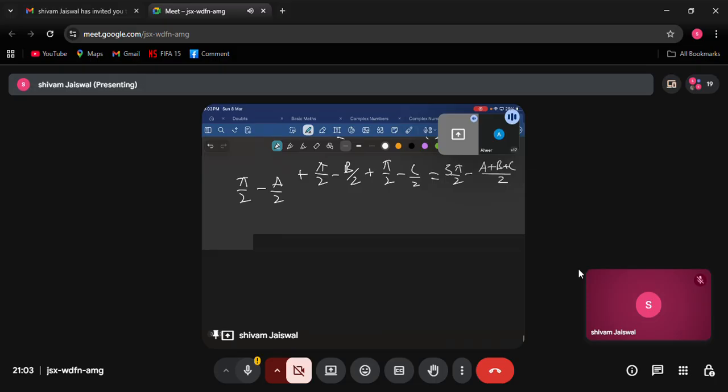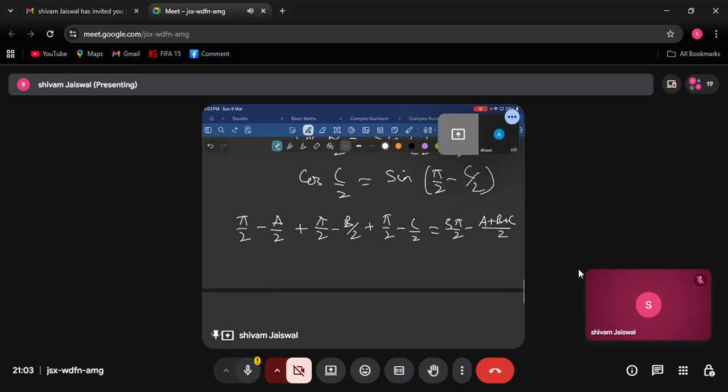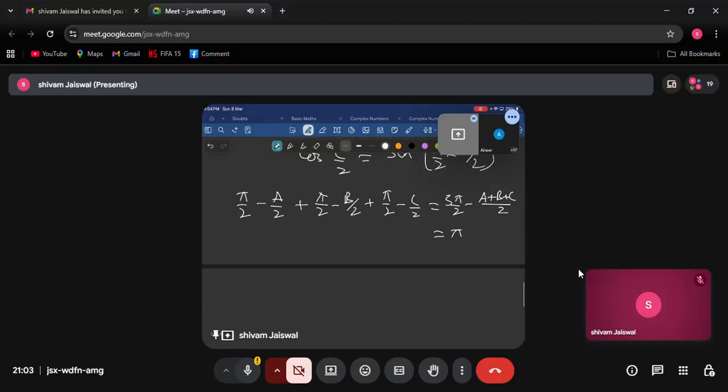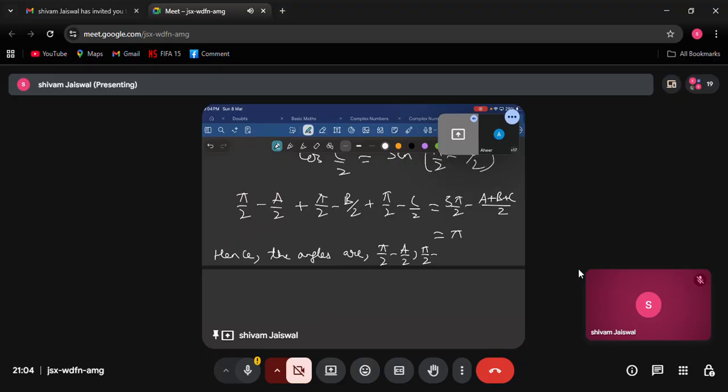Is it coming pi? Yes, this is equal to pi. Hence, the angles are pi by 2 minus A by 2, pi by 2 minus B by 2, and pi by 2 minus C by 2.